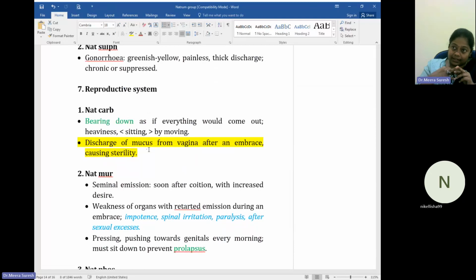the acidic nature of that discharge, because during the reproductive phase the female discharge should actually be alkaline. Only then can the sperm survive, otherwise they are going to get killed.